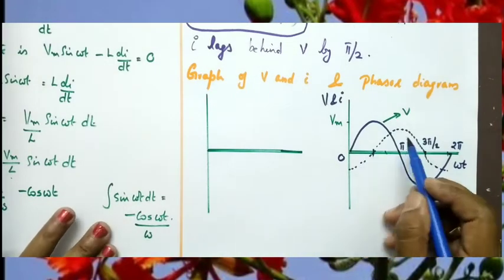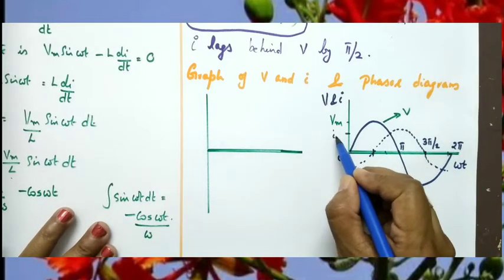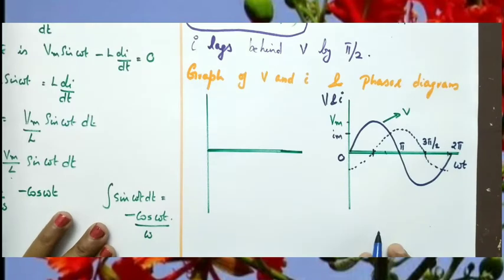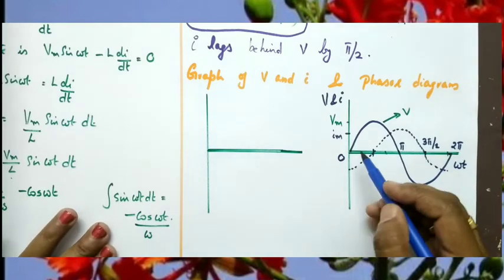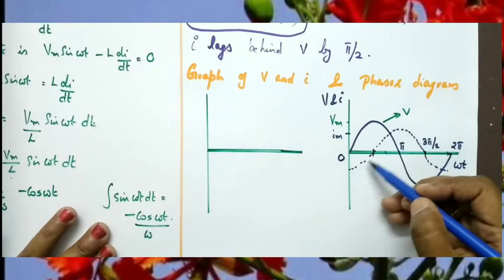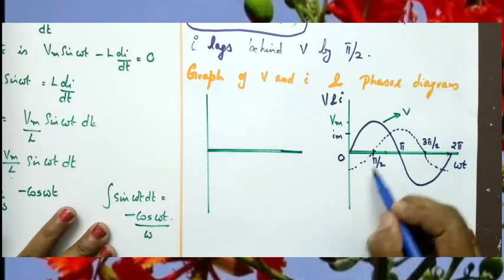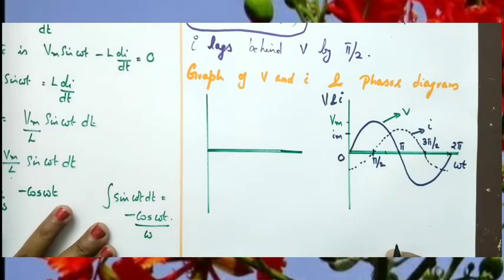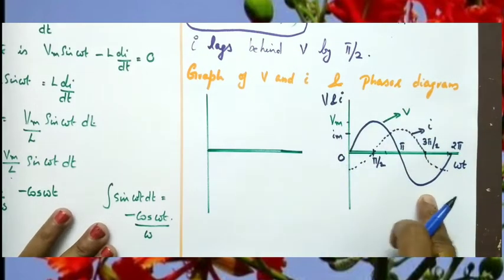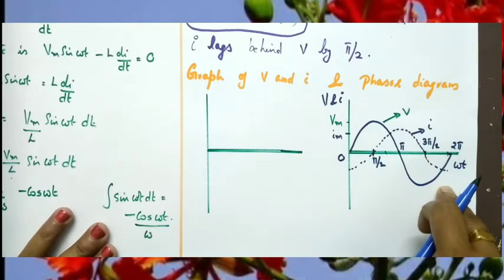Clear, children? And here the current is lagging voltage by an angle pi by 2. So, it starts from the bottom region and it passes through pi by 2, since it is lagging voltage by an angle pi by 2. Okay, so this is the graph of voltage and current when AC voltage is connected to an inductor.